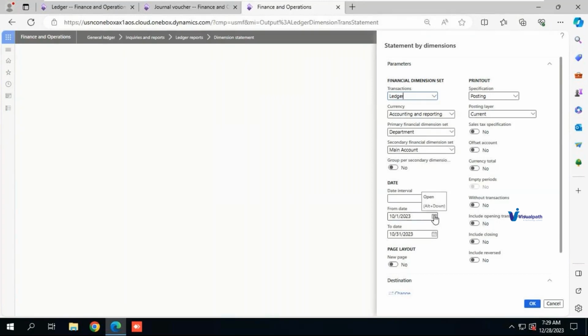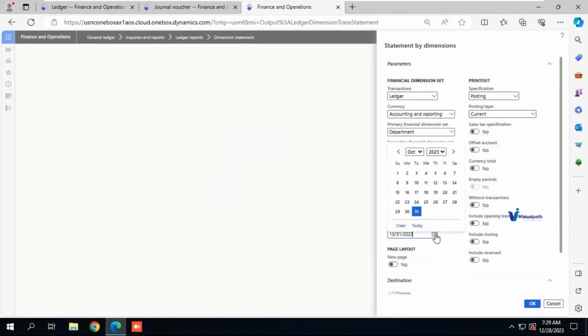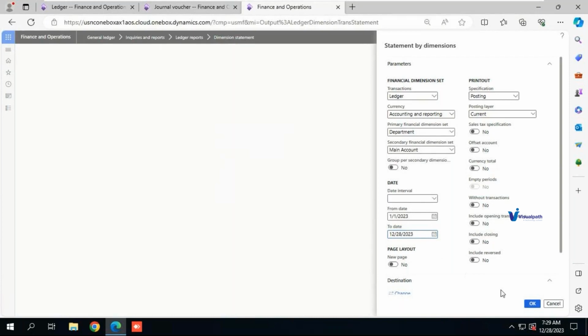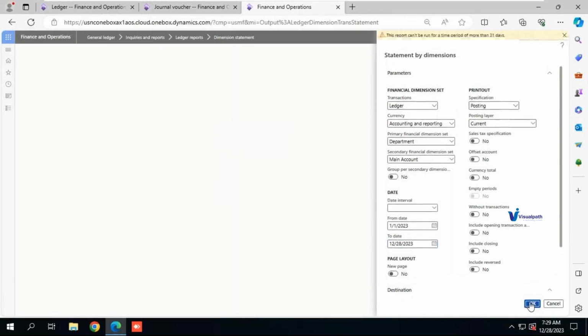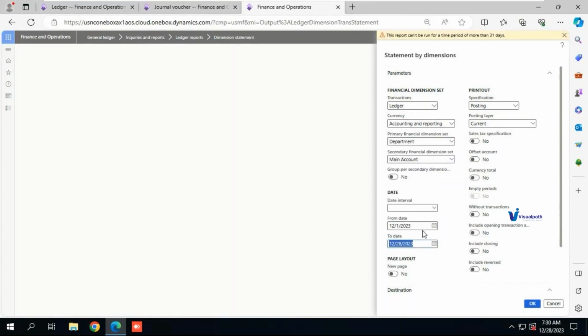Okay, so I'm selecting here. Let me verify from 1/12 to today. Click OK. It will not open for more than a month. Okay, let me generate from December 1st. It is a monthly report only that will be generated, so from December 1st till date. Click OK.